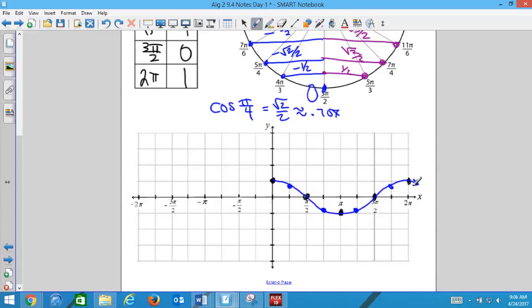This is one cycle. What's the cycle called? This is one period of cosine. But you don't get away with just drawing one period. You have to continue the pattern. So I'm going to continue the pattern to the left until I've filled up the whole graph.